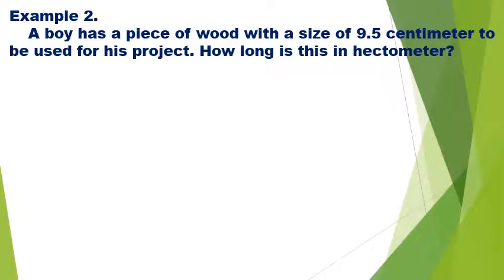Now let us have another example. Problem number 2. A boy has a piece of wood with a size of 9.5 centimeter to be used for his project. How long is this in hectometer? Okay, for this problem, we are asked to convert 9.5 centimeter into hectometer.